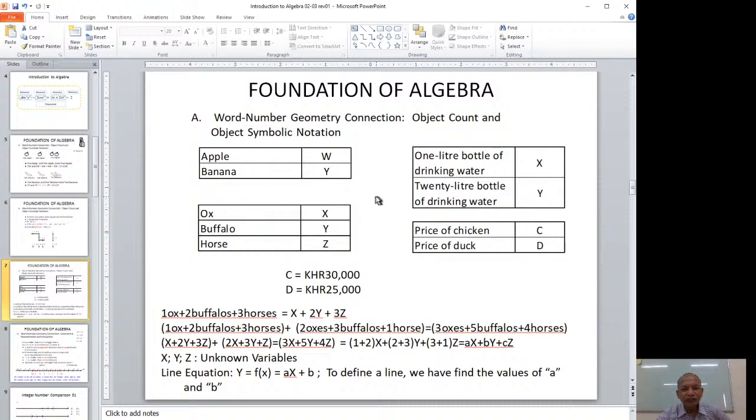This is again to show you that we can represent things not only as a letter.